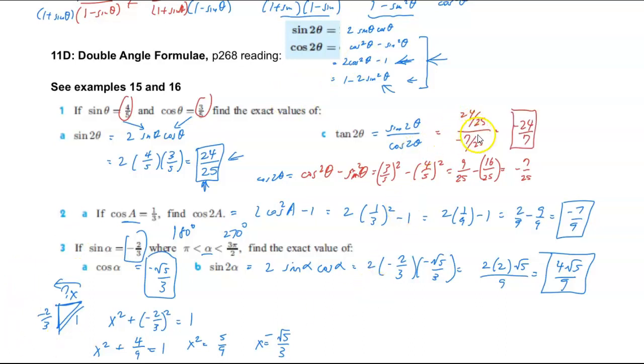Just to review about why the 25s cancel out, I'm going to write it out here. If I have 24 25ths divided by negative 7 25ths, remember that this is the same thing as multiplying by the inverse. So I inverted this, and I'm multiplying now. And now the 25s obviously cancel out, and then I'm left with negative 24, because there's a negative here, over 7.